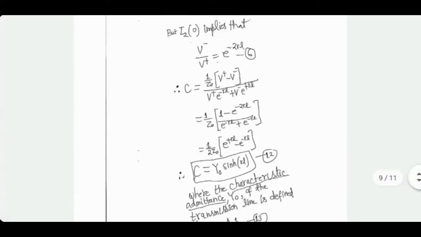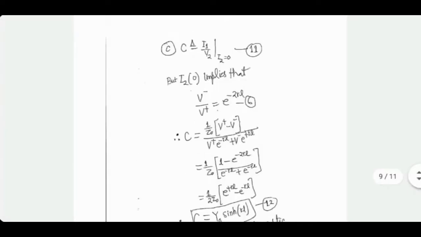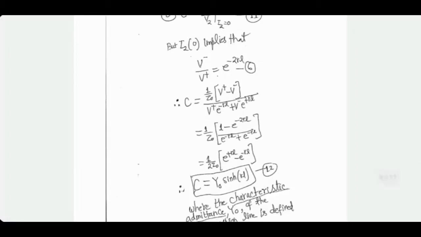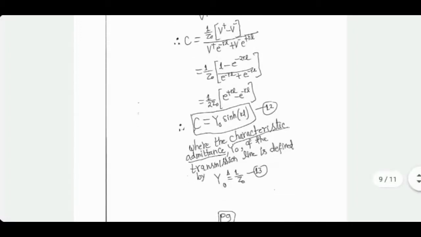And using the very definition of capital C, along with equation 6, I got capital C equal to Y naught sine hyperbolic gamma L. Here I have defined the characteristic admittance of the line as 1 upon Z naught. Y naught is popularly used in literature.